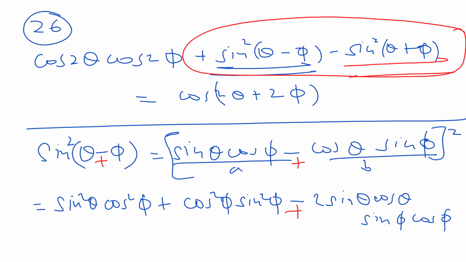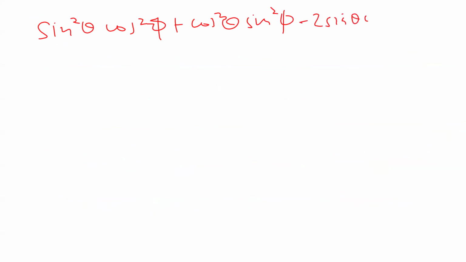So if we take term 1 and term 2, the answers of term 1 and term 2, okay? It will be sine square theta cos square phi plus cos square theta sine square phi minus 2 sine theta cos theta sine phi cos phi, minus sine square theta cos square phi.